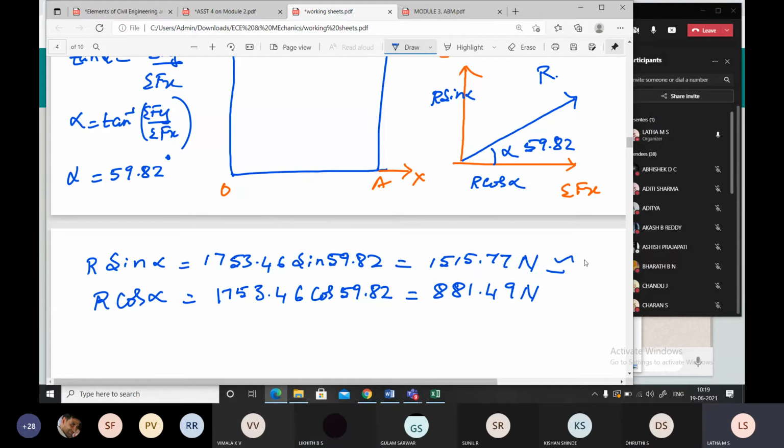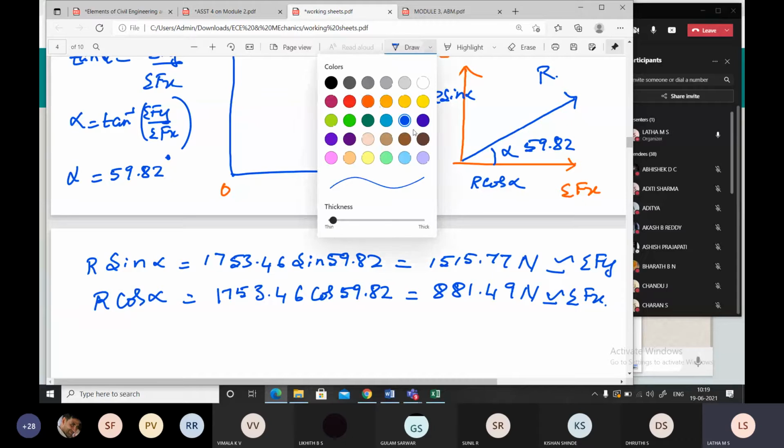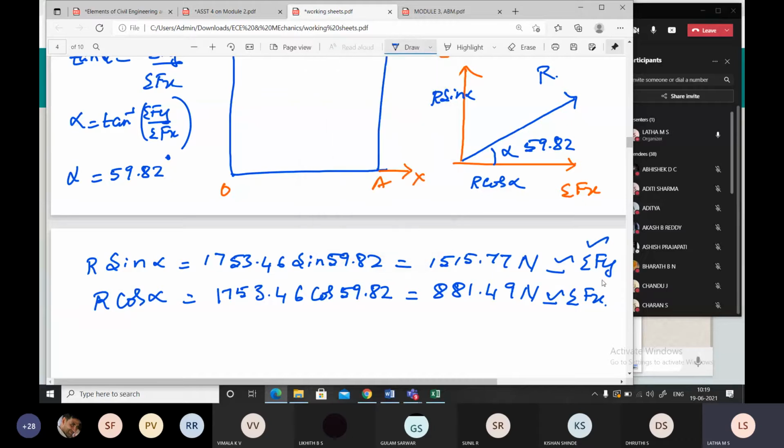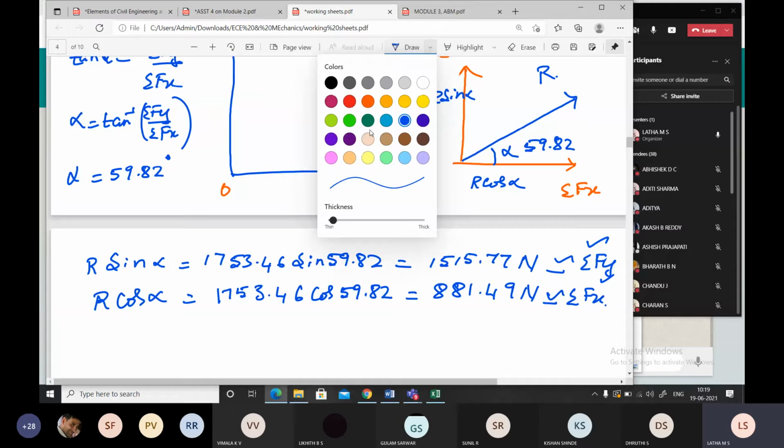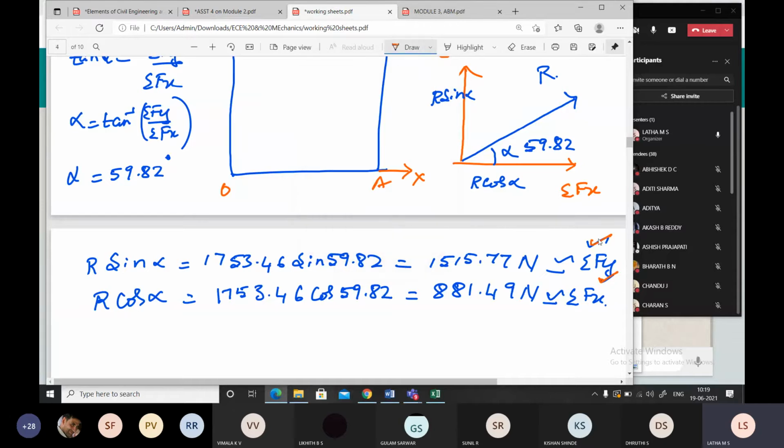This is approximately equal to sigma Fy, and this is approximately equal to sigma Fx. Check. Yes, ma'am. If you don't follow also, no problem. You can check this. This is only a cross check of your answers.